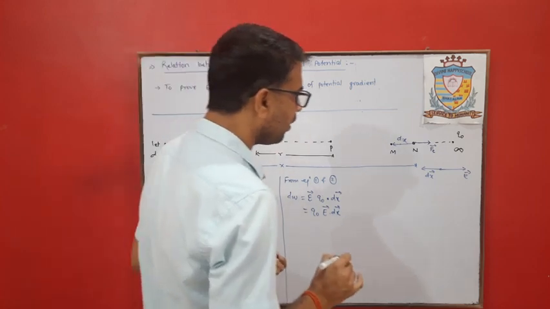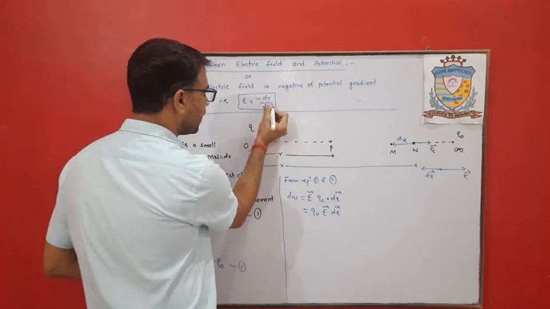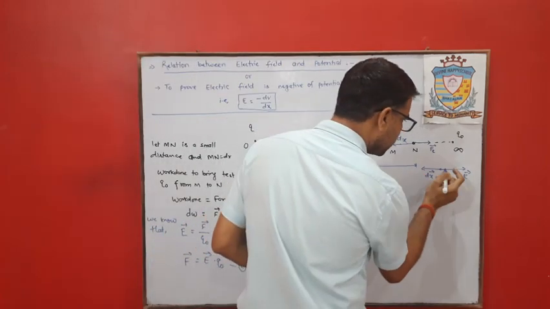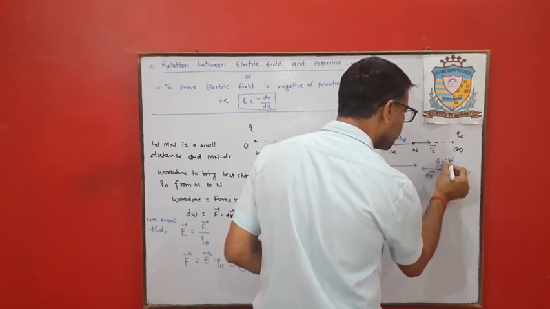So here we have to change it, that is dx. Clear? So the angle between these two, theta, will be 180 degree.